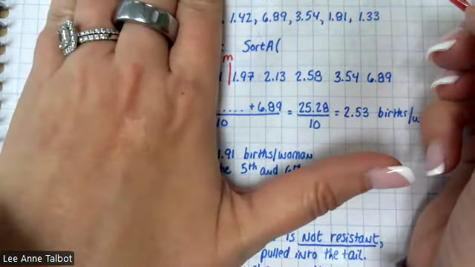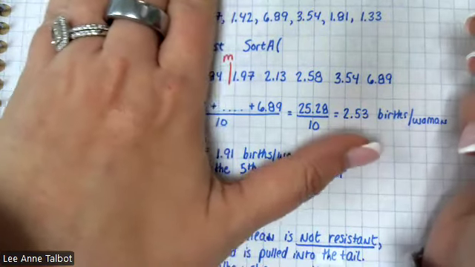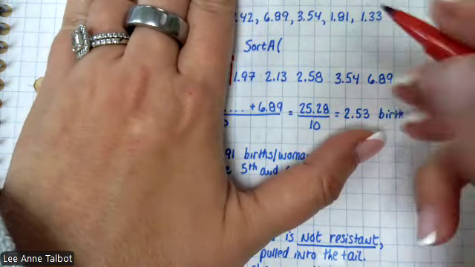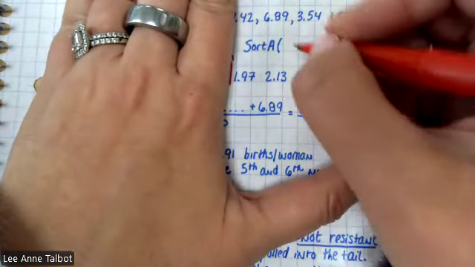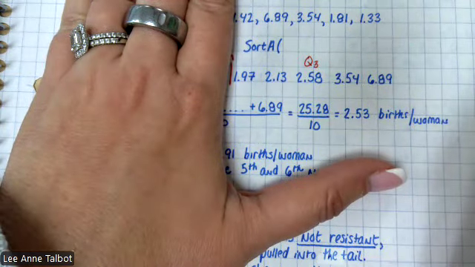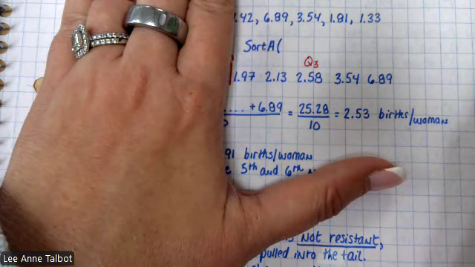To find quartile 3, I'm going to put my hand over the data set below the median. There are 5 numbers, so quartile 3 is going to be the 3rd number, the middle number, which is 2.58.